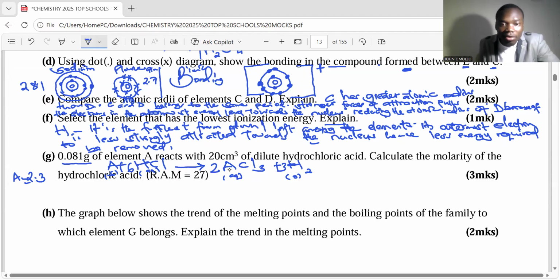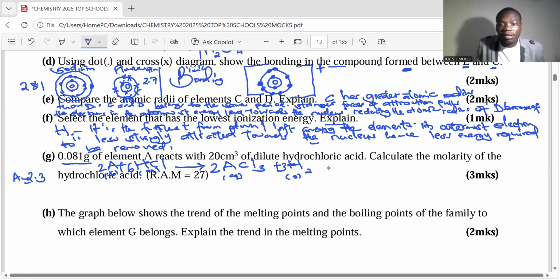A, not aluminium, A. Remember they told us that those are not the actual symbols of those elements. So we call it just A. Element A, we put 2 here. So 2, correct. 6 H, 3 times 2, 6. 6 chlorine, balanced. Well balanced.